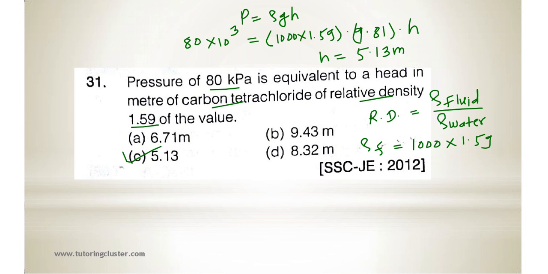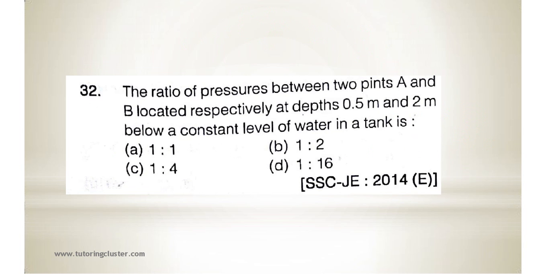Next, question number 32. The ratio of pressure between 2 points A and B located respectively at a depth of 0.5 meter and 2 meter below a constant level of water tank is. So they have asked you the ratio of pressure between A and B. We know the basic formula: pressure is equal to rho G H. So basically pressure is directly proportional to H, and H is the depth.